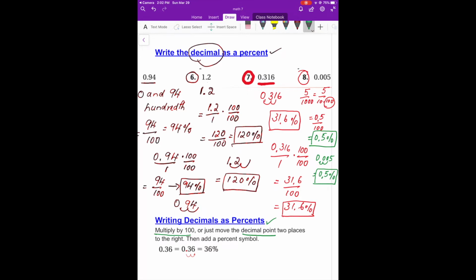So decimal point 2 places to the right. Then add the percent symbol. So you can see 0.36: you move the decimal over twice to the right and you will get 36%.